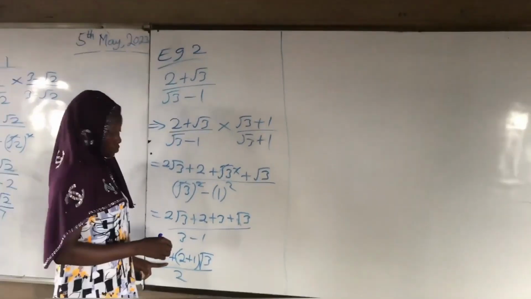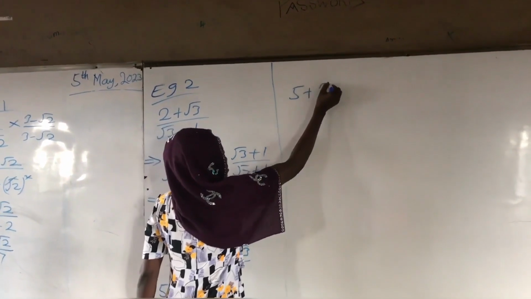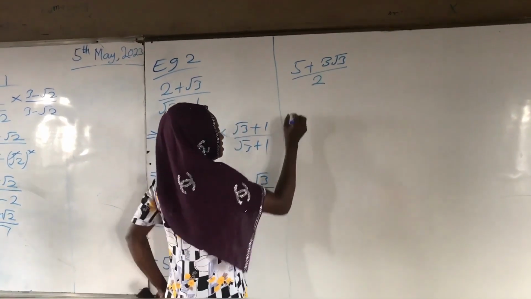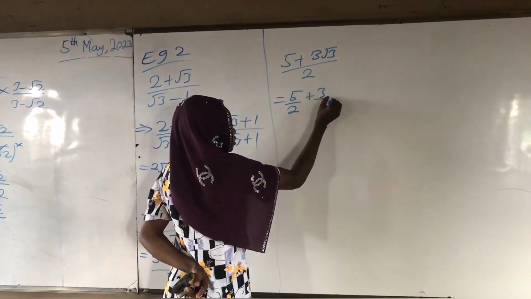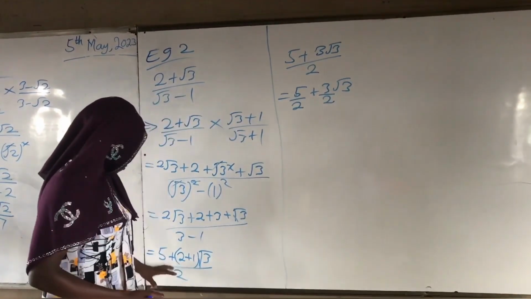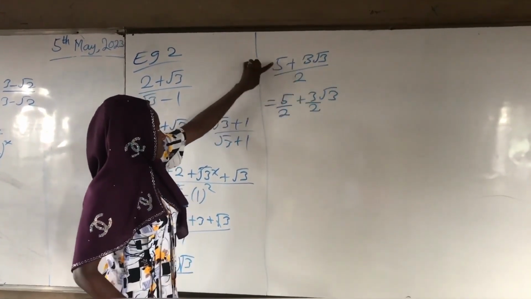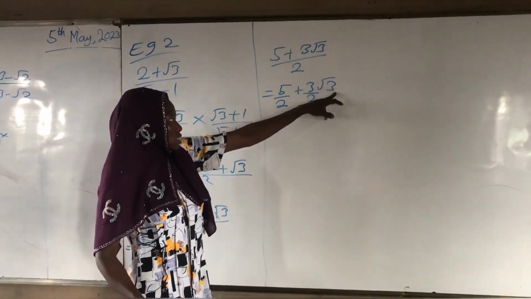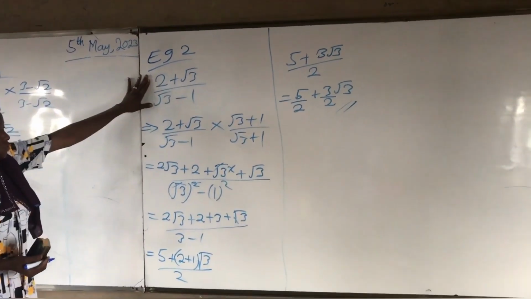We get (5 + 3√3) all over 2, which can be further written as 5/2 plus 3/2 √3. So 5 plus 3√3 all over 2 gives us 5/2 plus 3/2 √3 as our final answer for rationalizing this one.